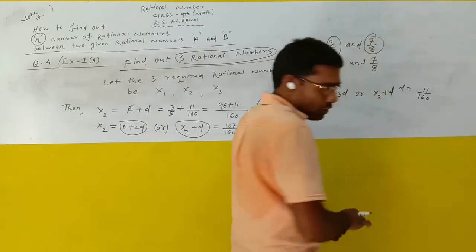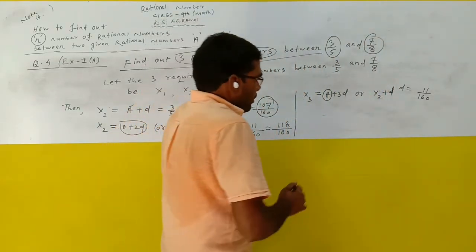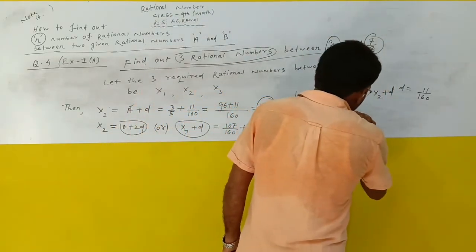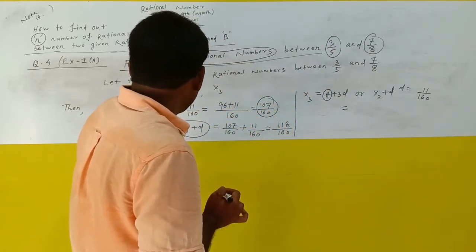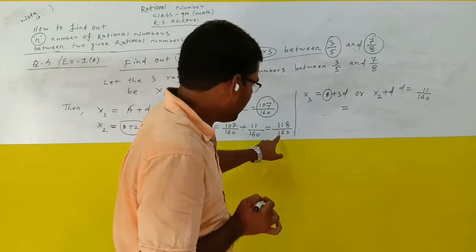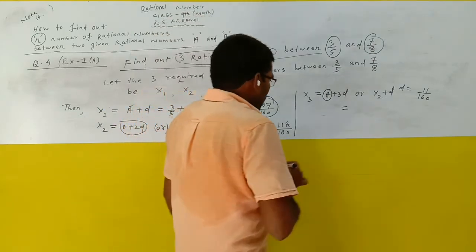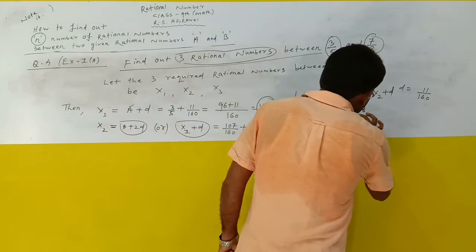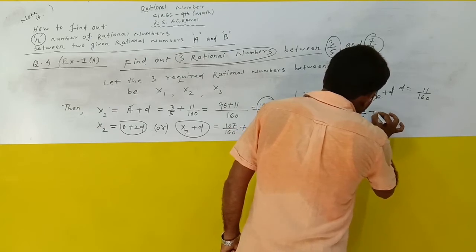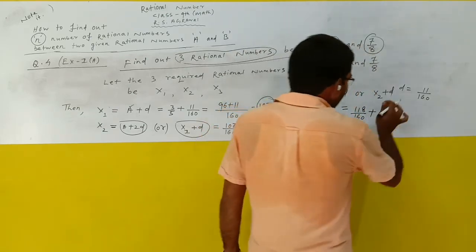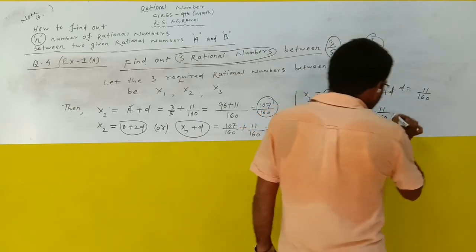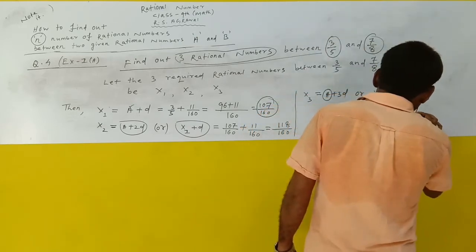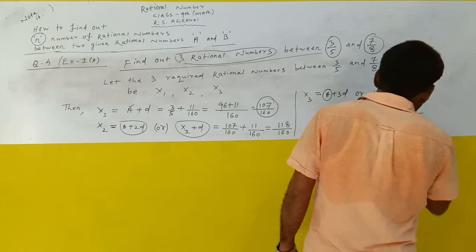The value of x2, your required second rational number that you have already found out, is 118 by 160, plus the value of d, 11 by 160, and finally you got 129 by 160.